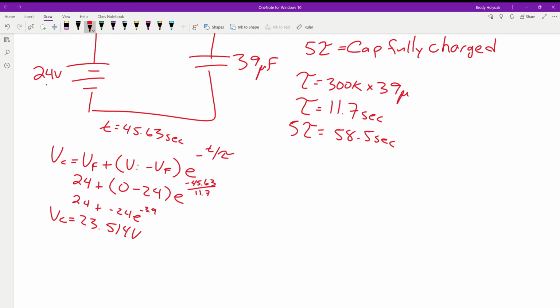Which, if we go back and remember, when we have our 4 tau, that is what percent? Do you guys remember? 3 tau, I believe, is 95. 4 tau is 98.3, or right thereabouts.